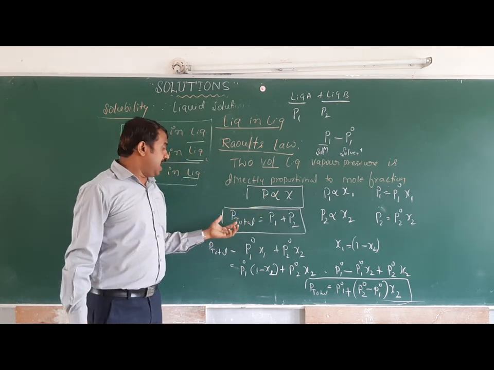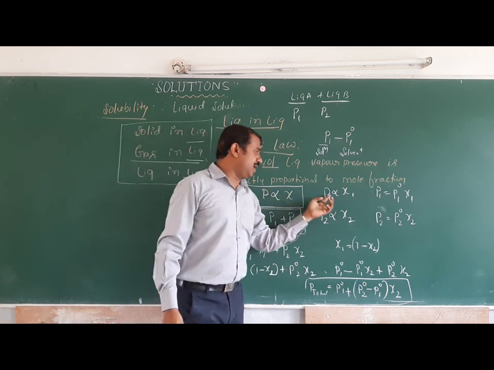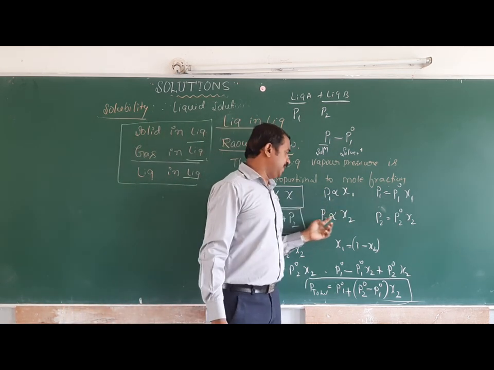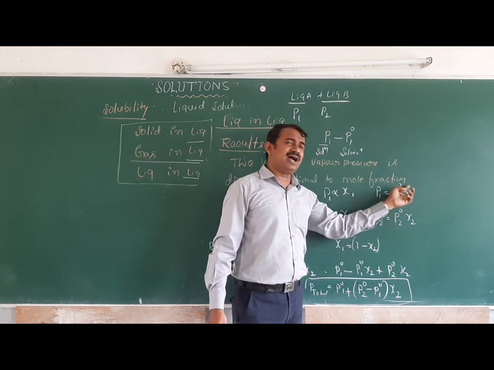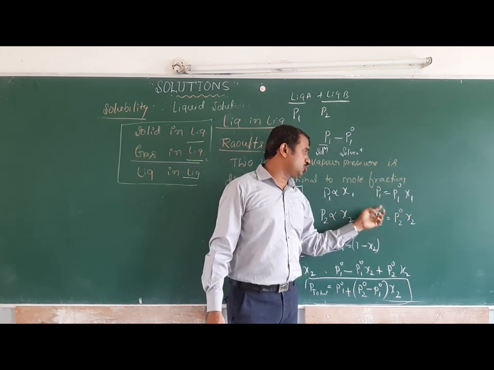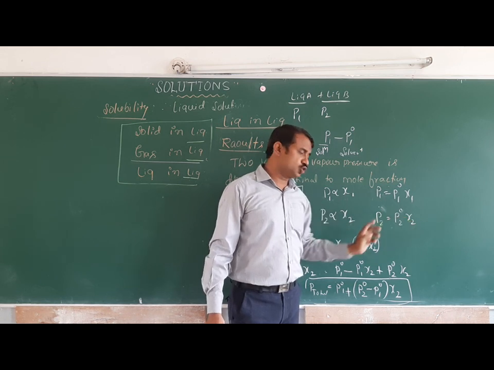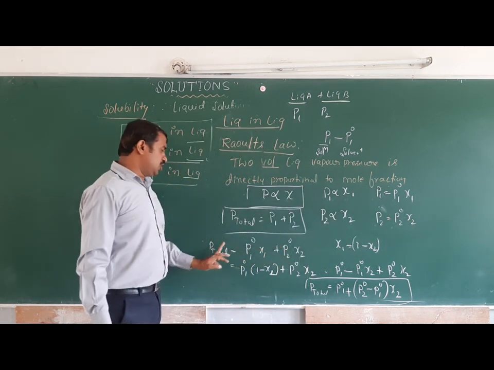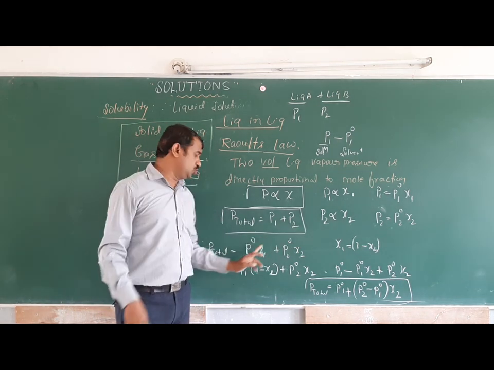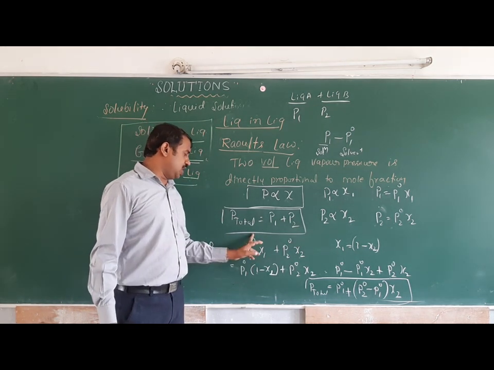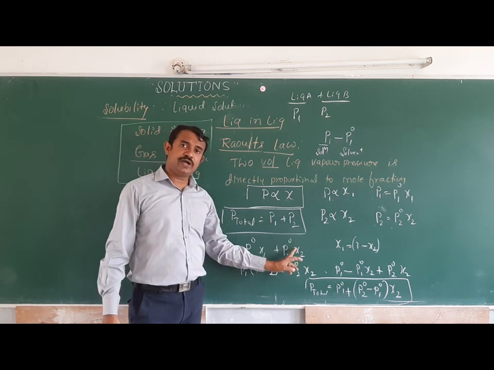Here P total: P1 is directly proportional to X1, P2 is directly proportional to X2. P1 equals P01 X1, P2 equals P02 X2. P total equals P1 plus P2, component 1 and component 2, which is P01 X1 plus P02 X2.